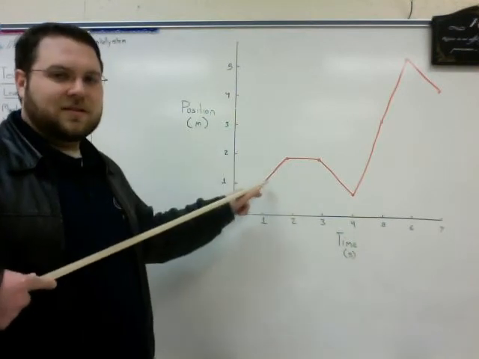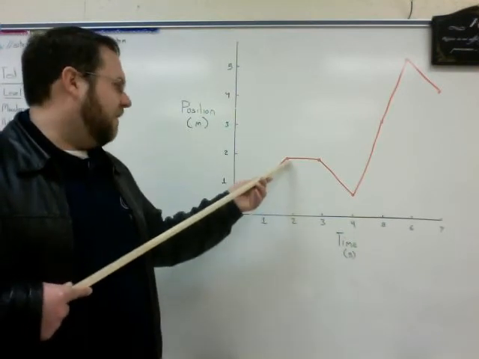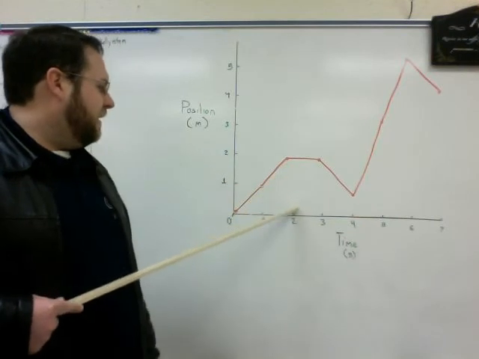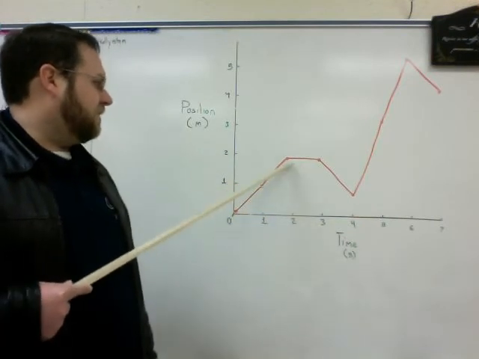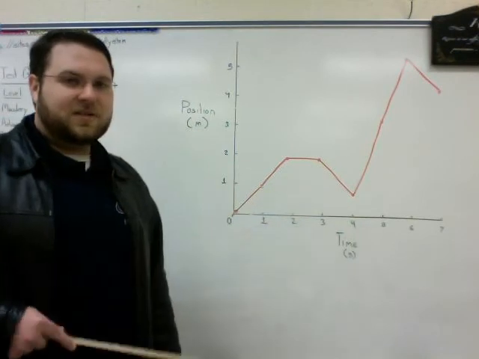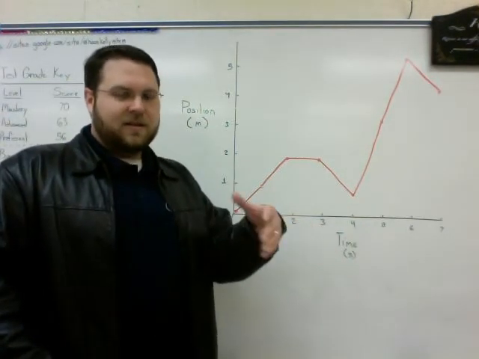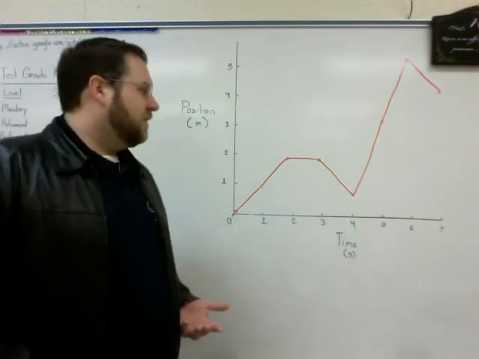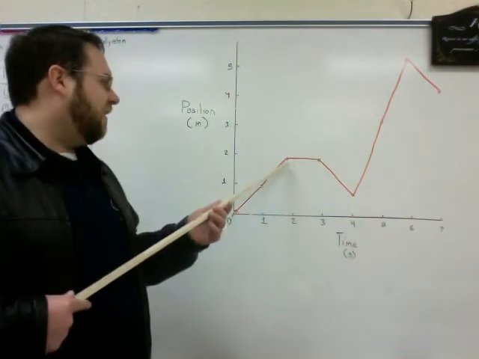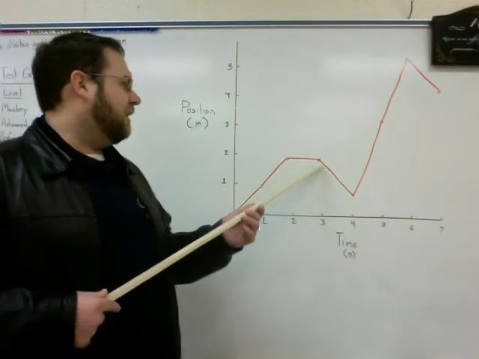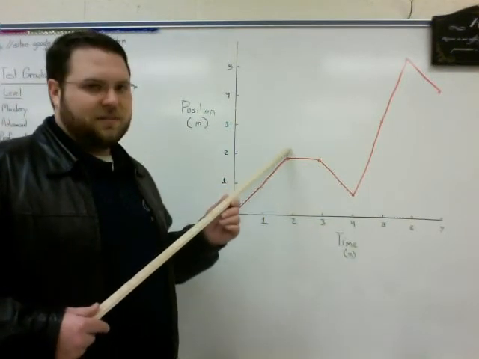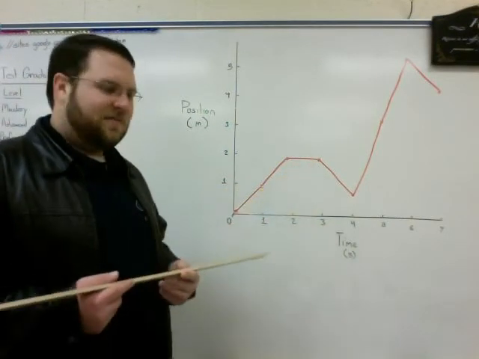So it's continuing to move away as long as this line goes there. Now notice from here, it was at 2 meters at 2 seconds, and at 3 seconds, it's still at 2 meters. Well, if something was there, and then a second later it's still there, we can tell that it's not moving. So just by looking at the graph, you can tell that at this flat point here, the object was not moving. So it's kind of interesting to tell.